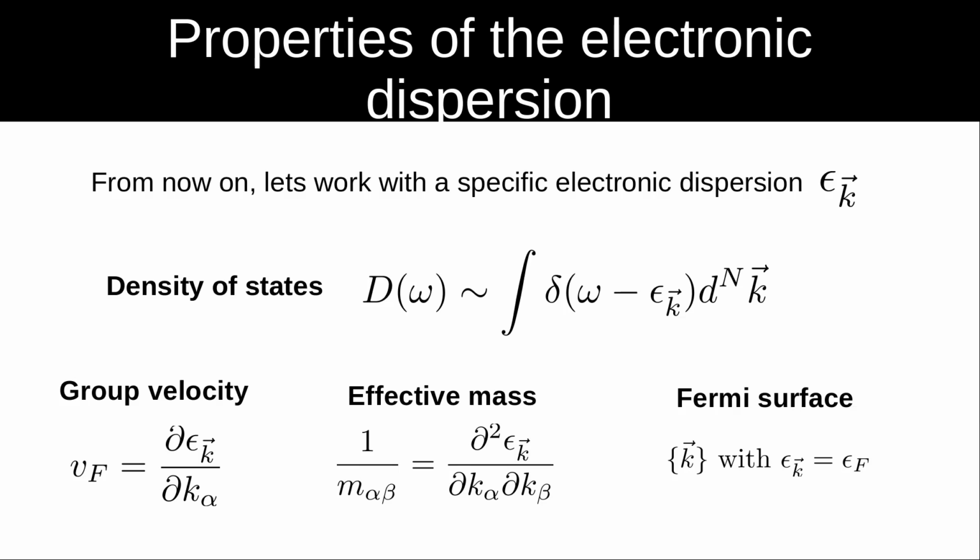And then the last important observable to consider is what is called the Fermi surface. This is essentially the collection of points in reciprocal space that have a very specific energy, and in particular that have the energy of your highest occupied electronic state.